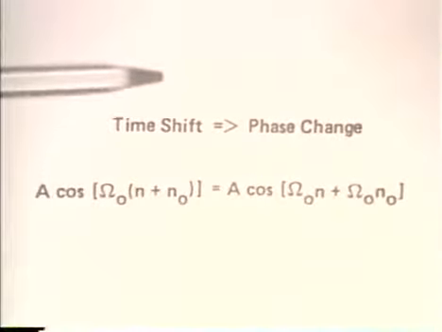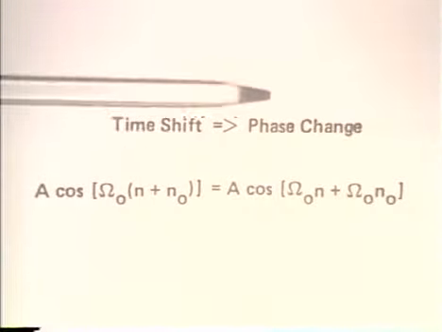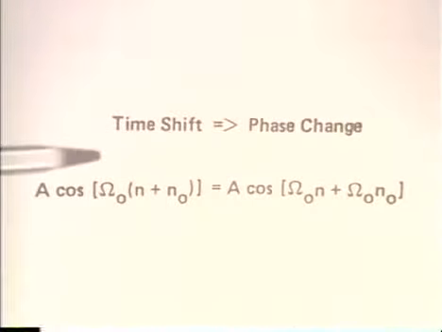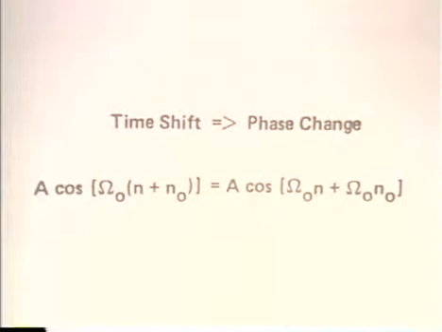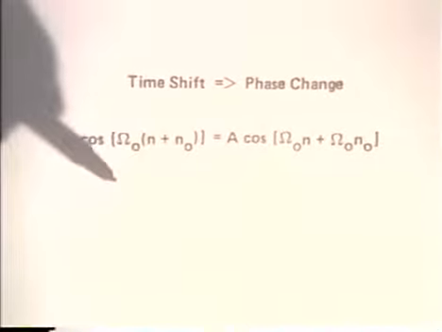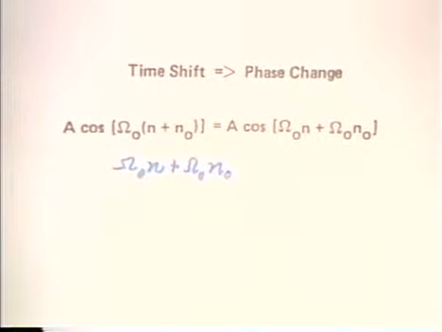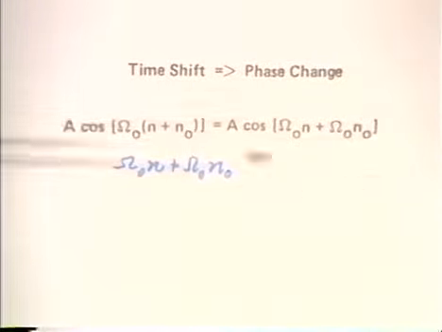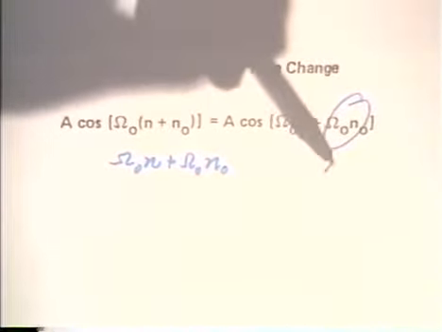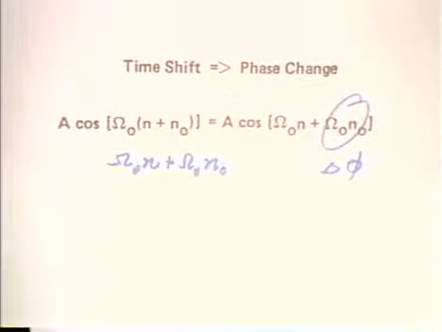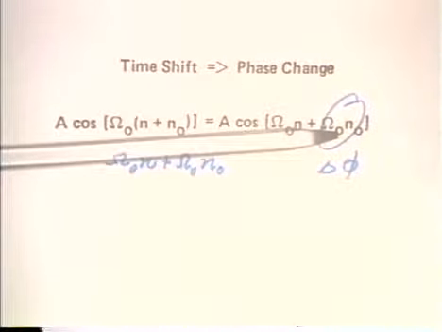In particular, for discrete time, if I implement a time shift, that generates a phase change, and we can see that easily by simply inserting a time shift, n plus n0, and if we expand out this argument, we have omega 0 n plus omega 0 n0, and so I've done that on the right-hand side of the equation here. And the omega 0 n0 then simply corresponds to a change in phase. So clearly, a shift in time generates a change in phase.